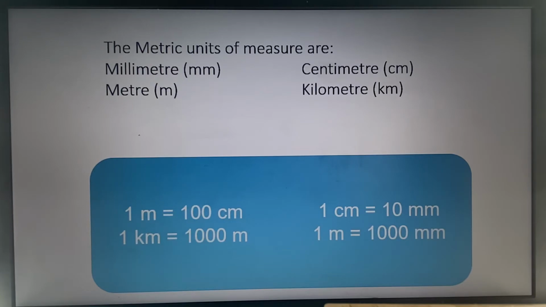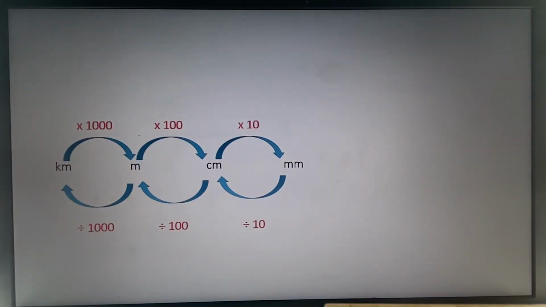Okay, so a way of converting between these, going from kilometres to metres to centimetres down to millimetres, so starting with the biggest down to the smallest. To convert from kilometres into metres, we would multiply by 1,000 because there's 1,000 metres in 1 kilometre. From metres into centimetres, we'd multiply by 100, and centimetres into millimetres, we'd multiply by 10.